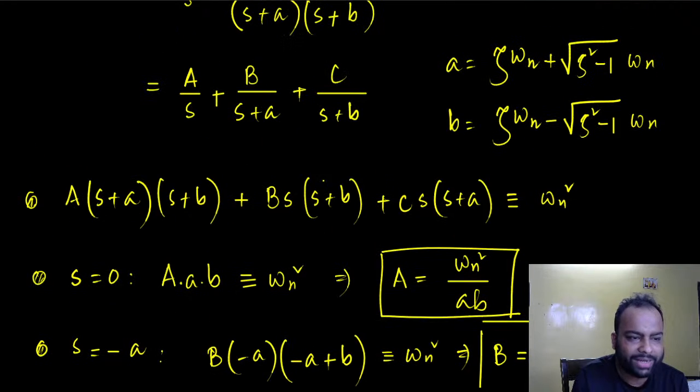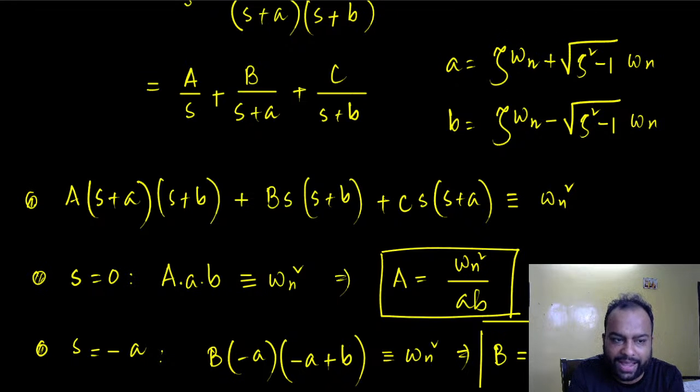So what is AB? If you multiply these two terms, this is something like X plus Y, and this is like X minus Y. So if you multiply that, this becomes X square minus Y square.